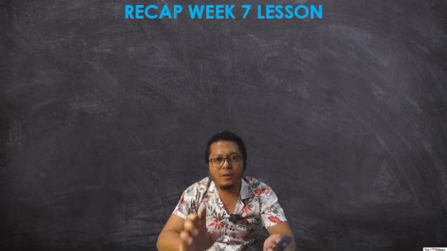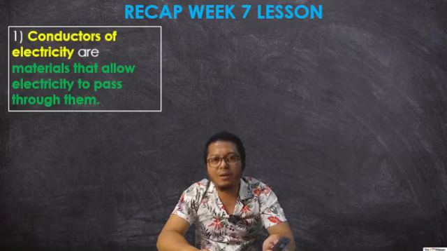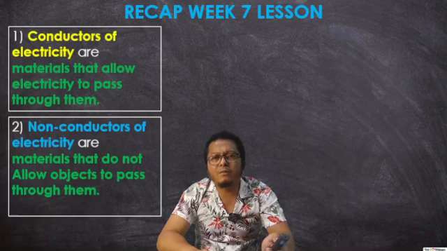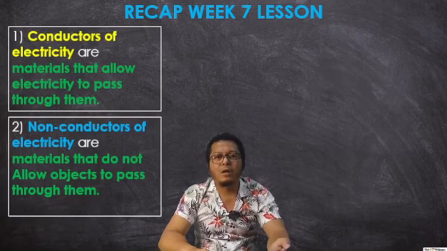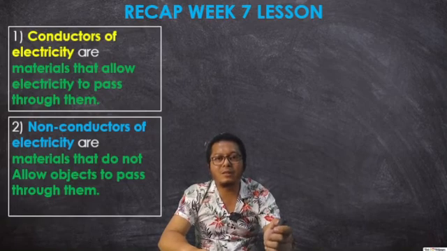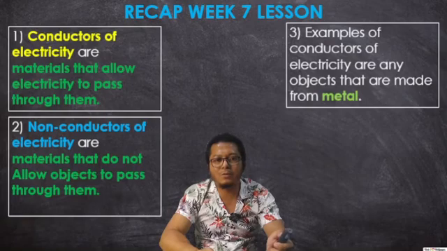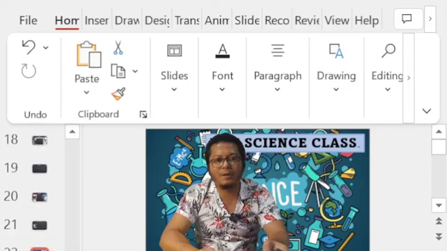Okay, to recap this video's lesson, conductors of electricity are materials that allow electricity to pass through them. Non-conductors of electricity are materials that do not allow electricity, not objects. Here is wrong. This is materials that allow electricity to pass through them. Let me correct that for you now.